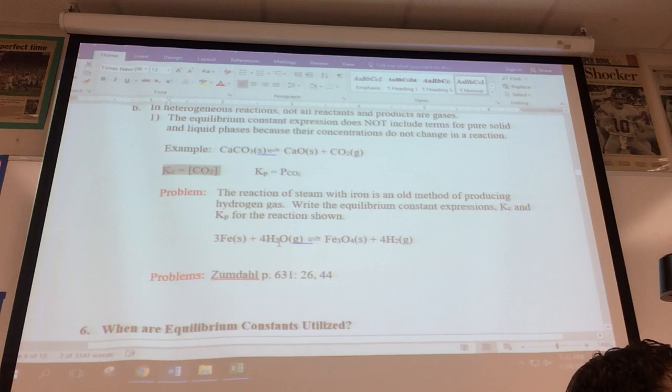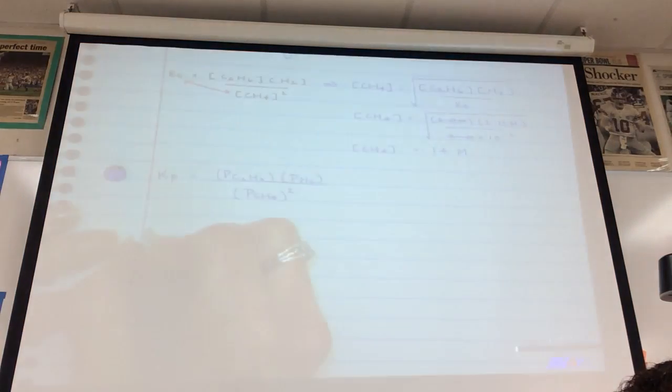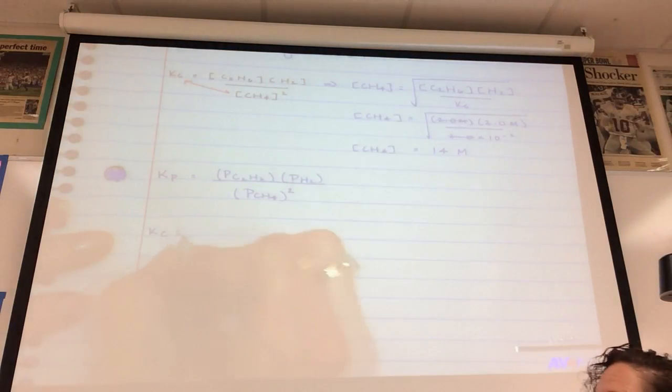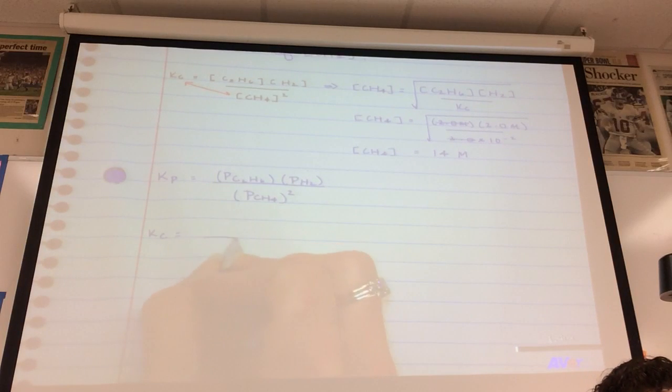We'll example it off. It says the reaction of steam with iron is an old method of producing hydrogen gas. Write the equilibrium constant expressions Kc and Kp for the reaction shown. So what would be our Kc? What goes in the numerator? Go ahead, Faith.